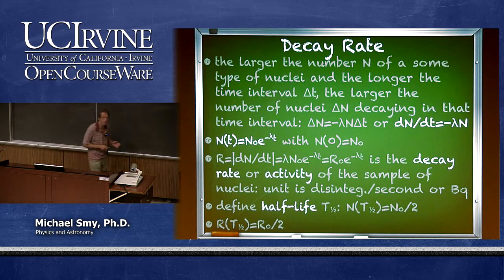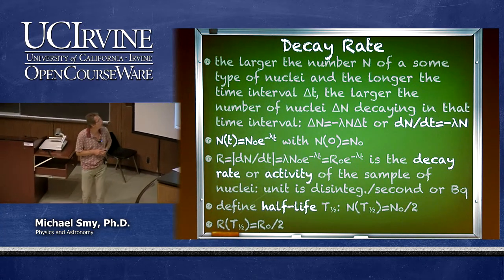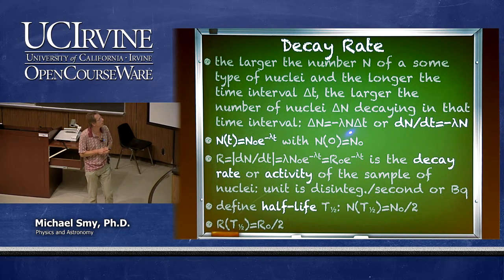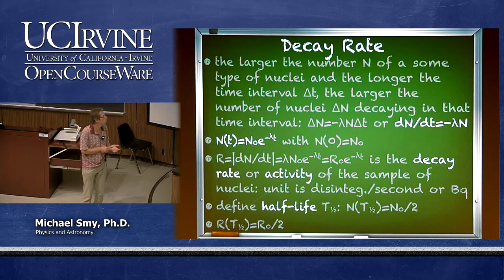So in other words, delta N, the number of decaying nuclei, should be proportional to the number of nuclei that haven't decayed yet, and to the time interval that we look at them. And so this constant lambda is the proportionality constant, or the decay constant, for this particular type of nuclei.